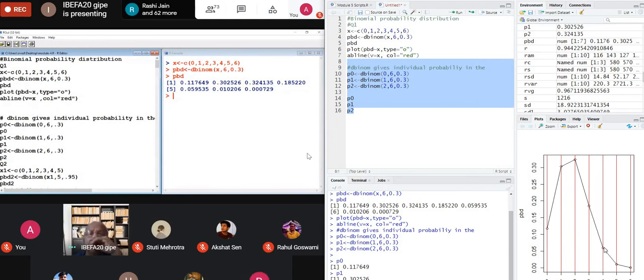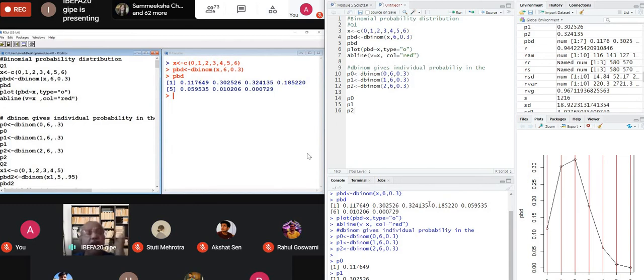Wrong. 2, sir. Yeah, for 2 it's 32.4, no? Yes. So for which value? X equal to 2. Perfect. For which value of X is it the least probability? X is equal to 6. Correct.